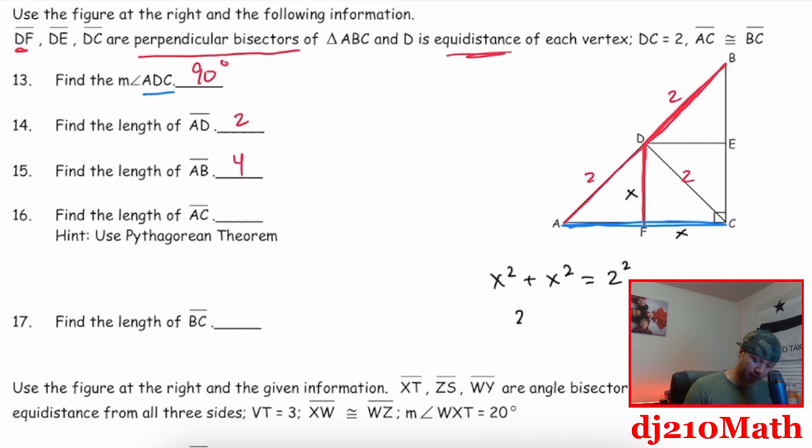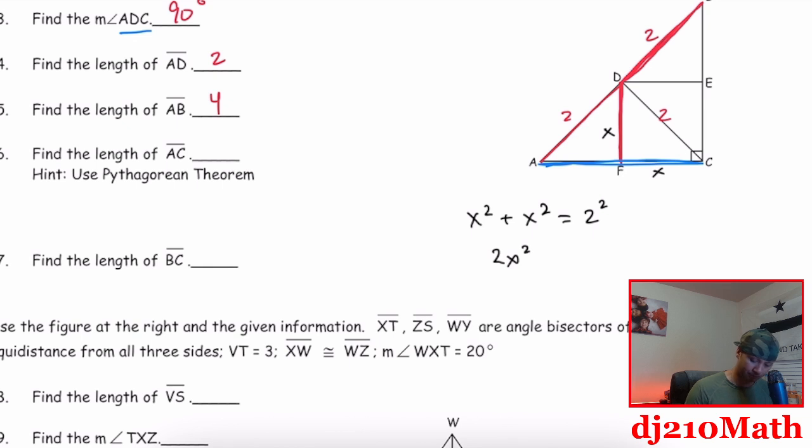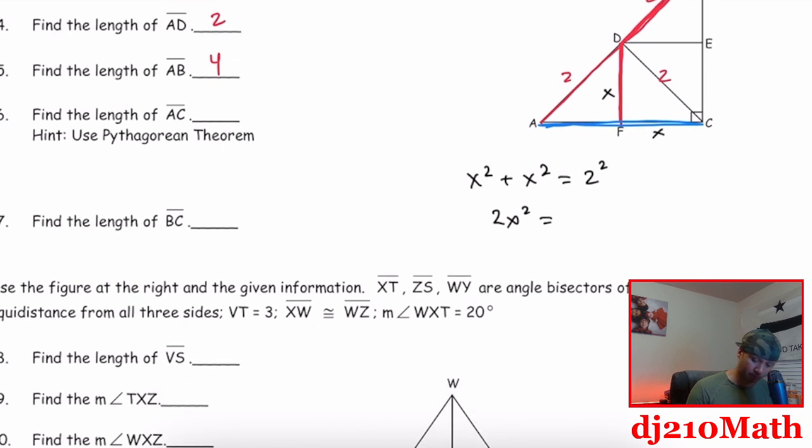So this is going to be 2x squared equals 4, which when we divide both sides by 2, x squared is equal to 2.